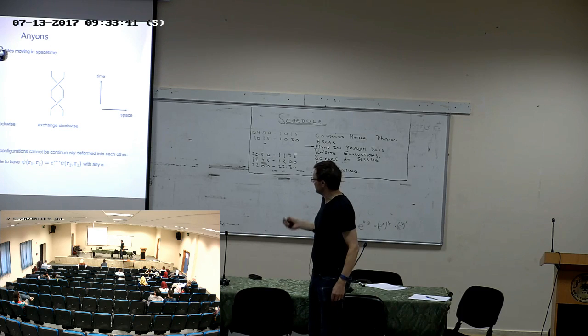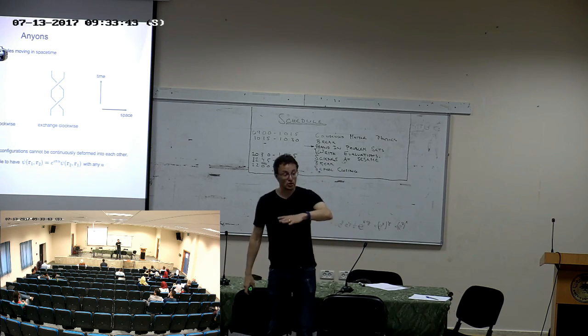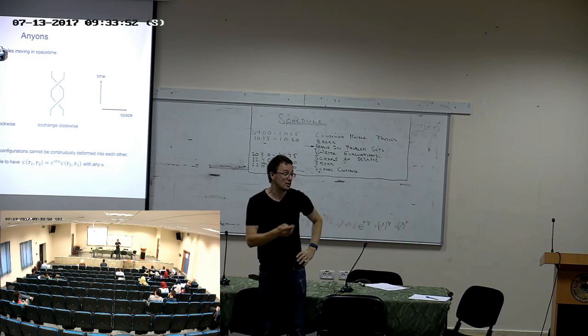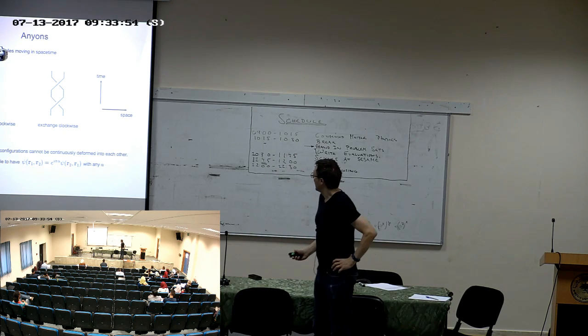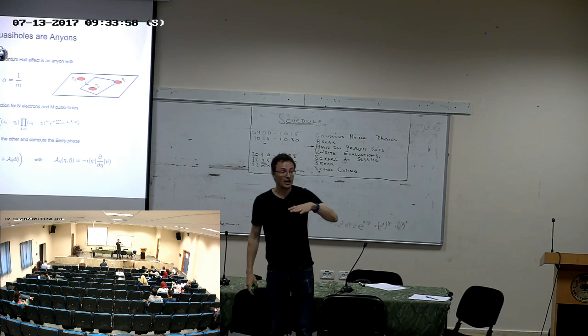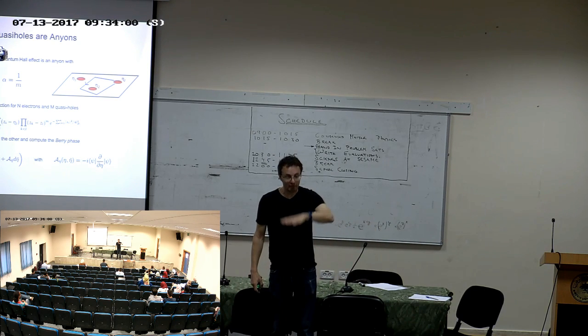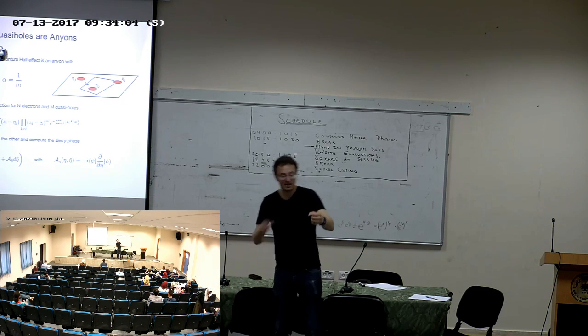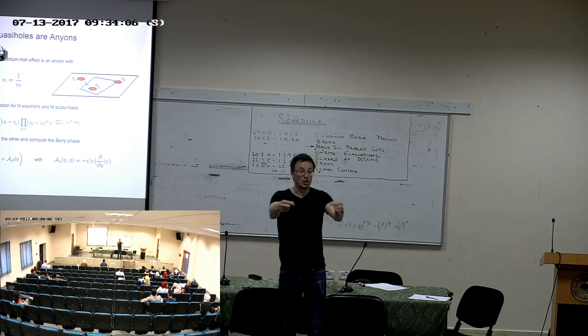All right. So the first claim is that in 2 plus 1 dimensions, particles don't have to be bosons or fermions. They can be anything in between, where when you swap two around, you get any phase that you like. And the next claim is that the quantum Hall effect actually is a system that realizes this behavior. These quasi-particles that have fractional charge also carry a fraction of the statistics of the electron.